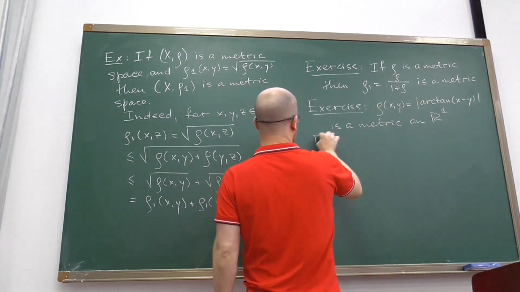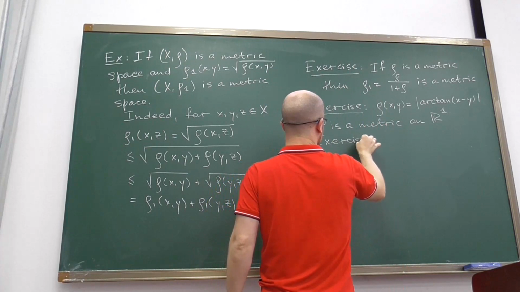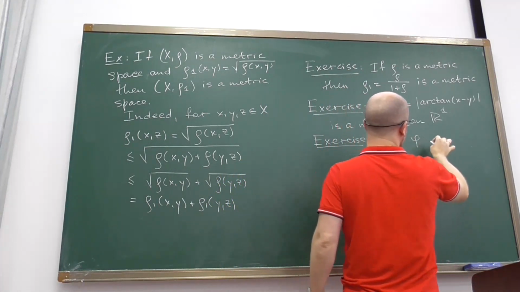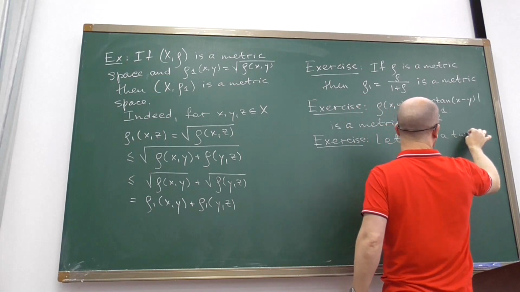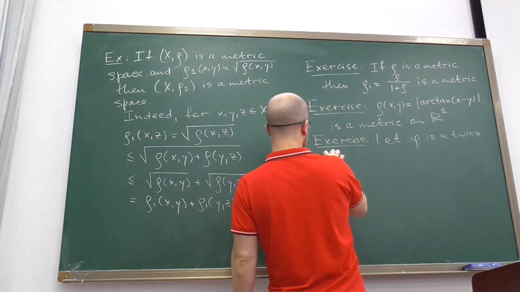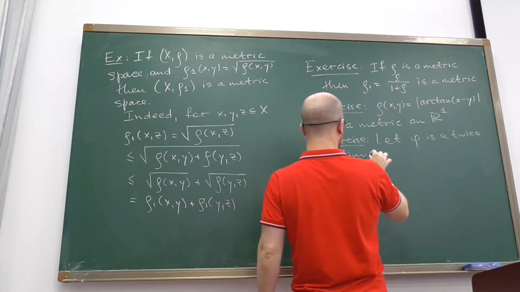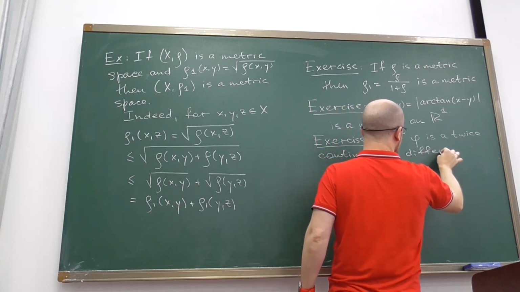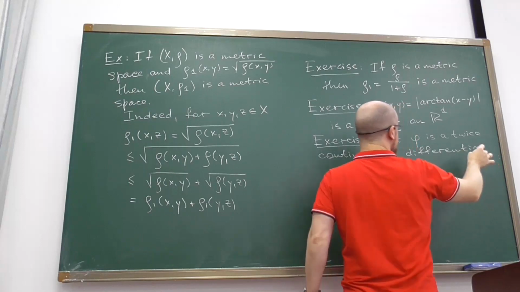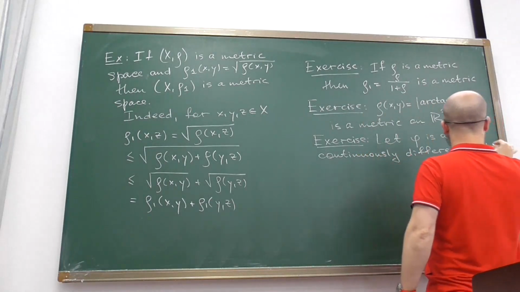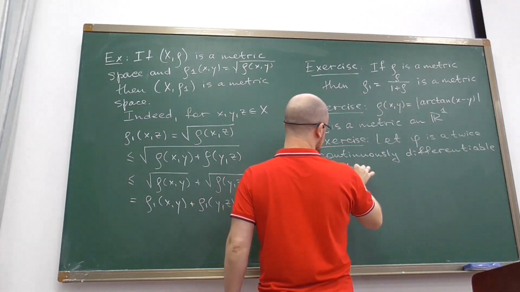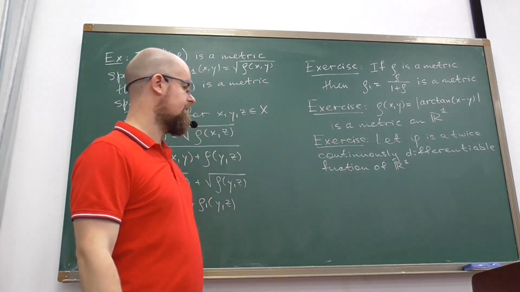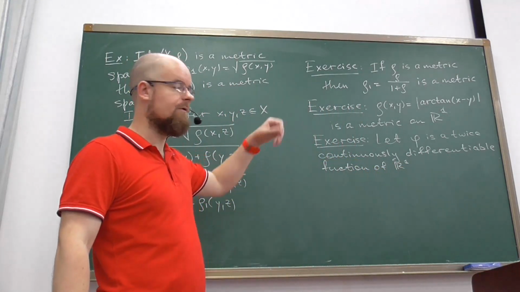And even more general, let phi be a twice continuously differentiable function on R1 such that we want to build a metric from this function.